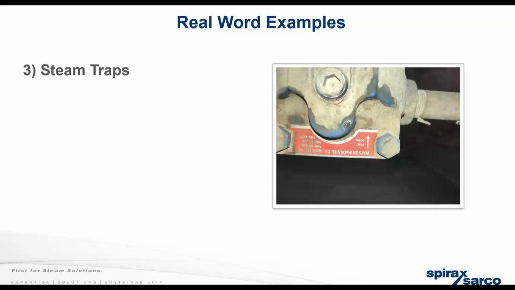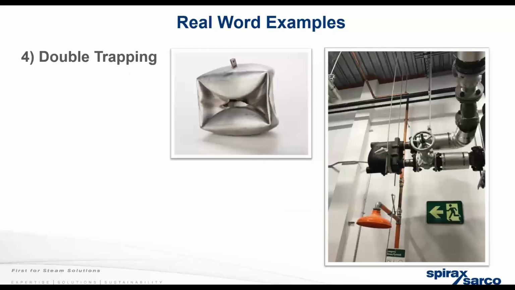They can fail closed, causing water hammer as we can't drain, causing differential temperature problems, as discussed earlier, and they can fail open. Fail open steam traps waste energy, of course, but they may cause differential pressure issues if they are large enough in our condensate return system, causing backup of condensate in our system.